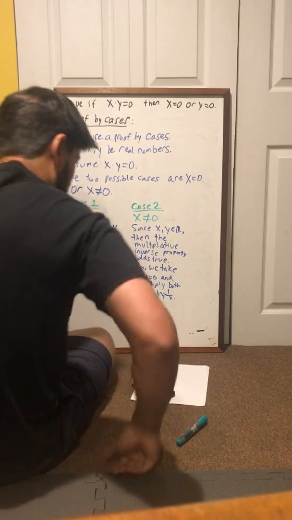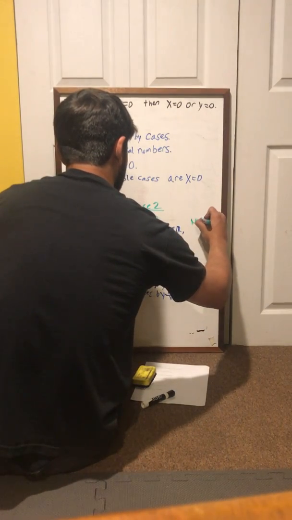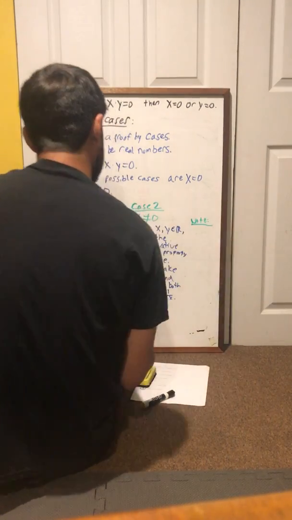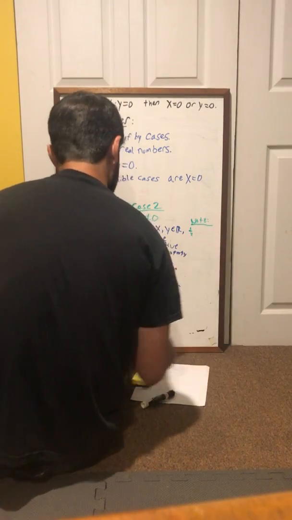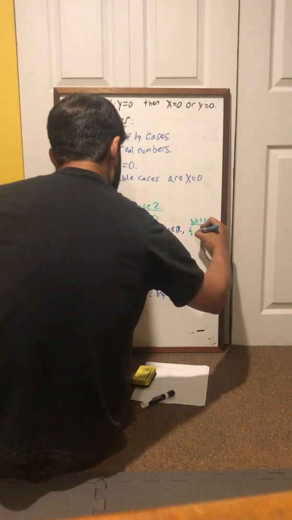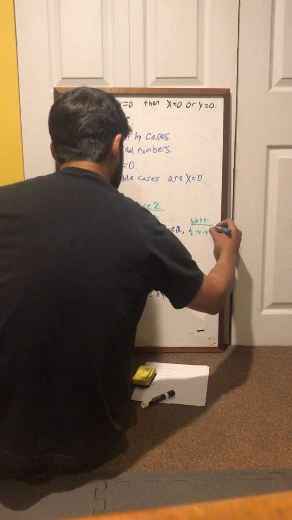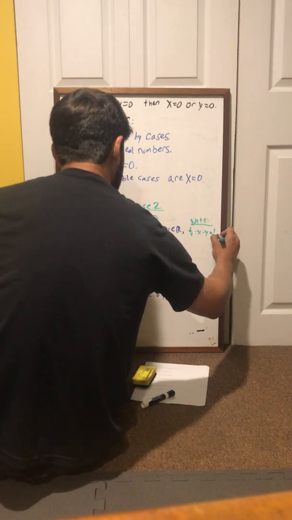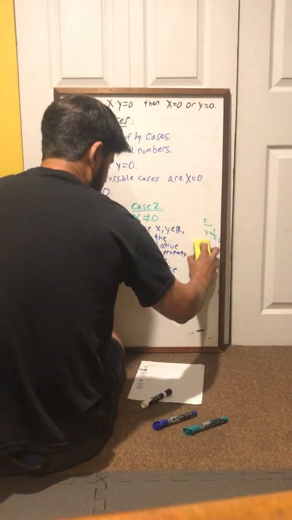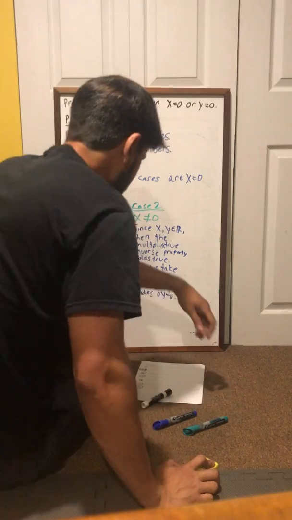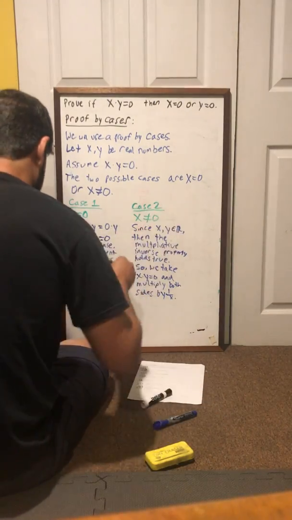Now, we're going to say note. So multiplying both sides, 1 over x times x times y equals 1 over x times 0. Let's make some more space for ourselves.